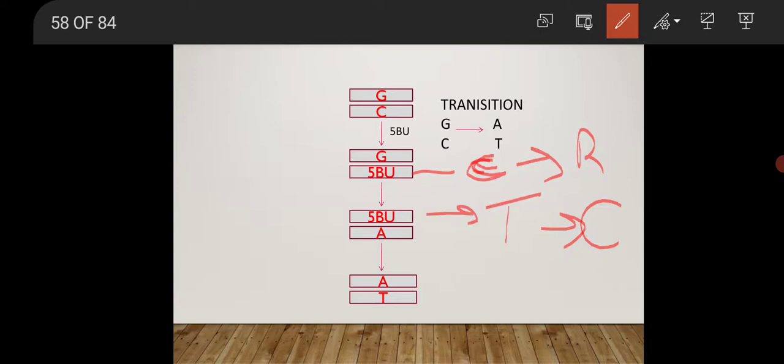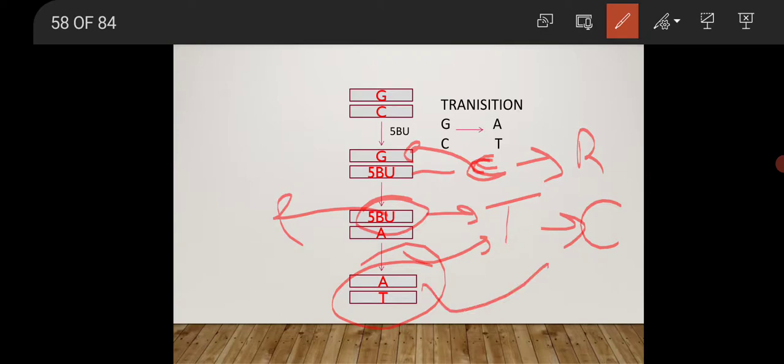So to the thymine, adenine will bind, and to the cytosine, guanine will bind. And we know that this is the duplicate form. So we remove this 5-bromouracil, and there is addition of just thymine and adenine. So finally from GC there is conversion to AT.